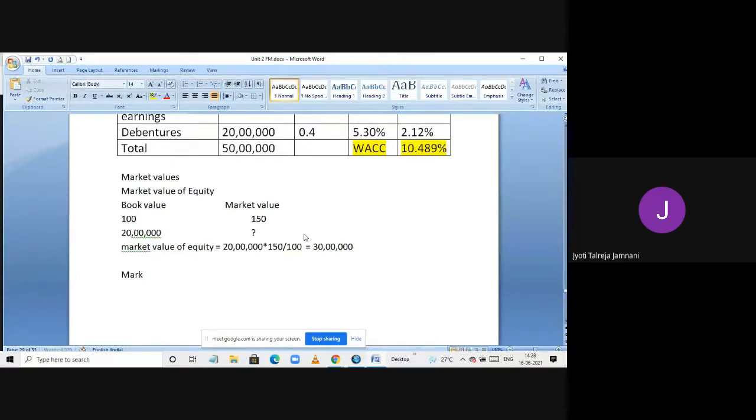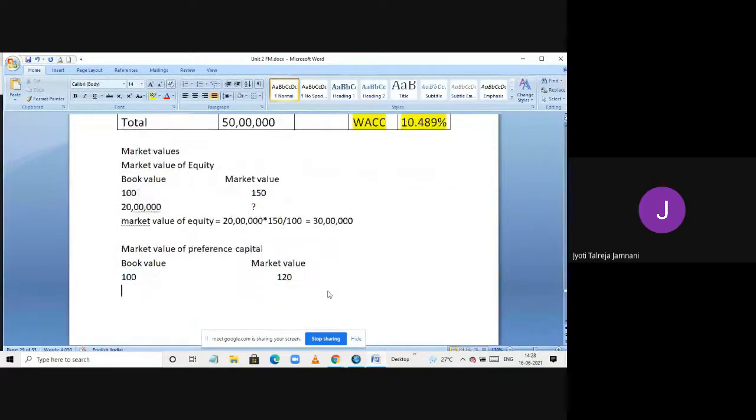Similarly, we'll do it for market value of preference. Preference capital. Book value and market value. We don't know the book value, but they have told in the question that currently the shares are selling for rupees 120. So we assume book value is 100. The shares are selling for 120. Then in the balance sheet, the book value of preference shares is 5 lakh.